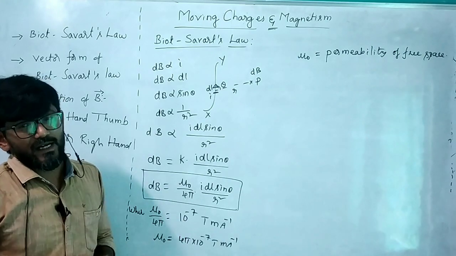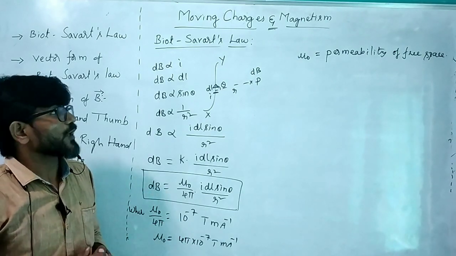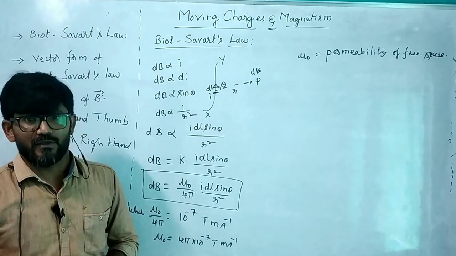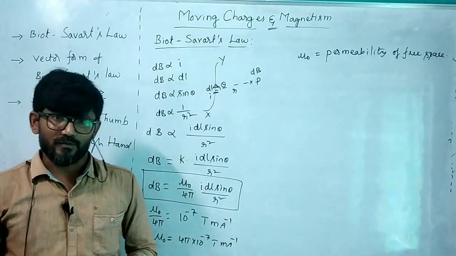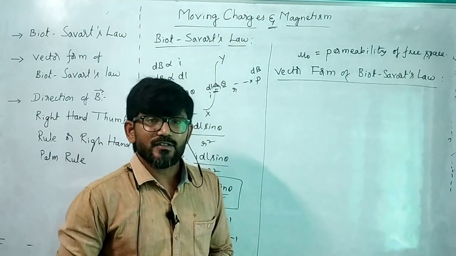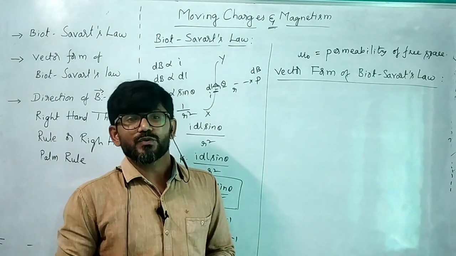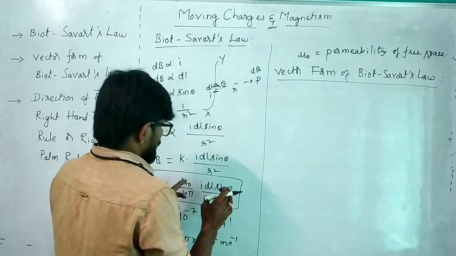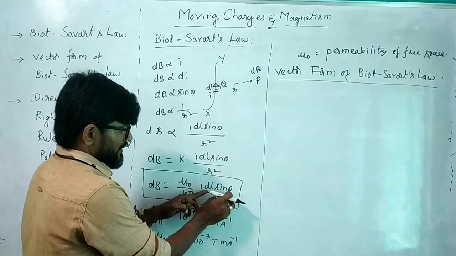Then to understand the vector direction of this magnetic field, we have to write Biot-Savart's law in vector form. Let us see what that vector form is. The vector form of Biot-Savart's law explains the direction of the magnetic field produced by a current carrying conductor. If you observe, it is I dl sin theta.